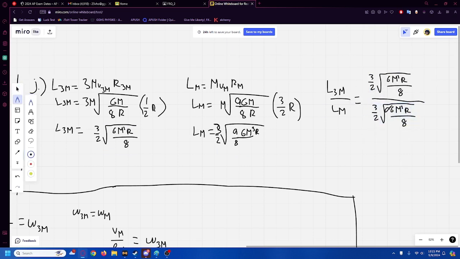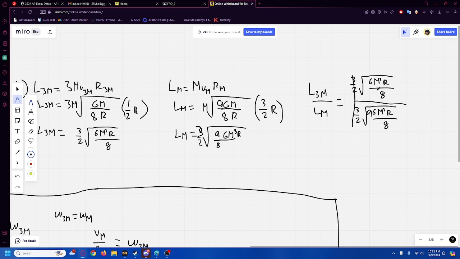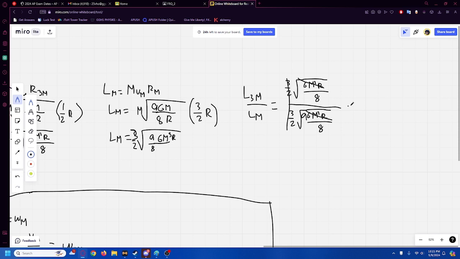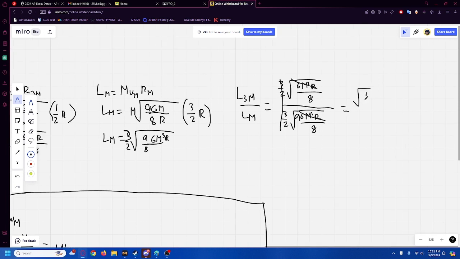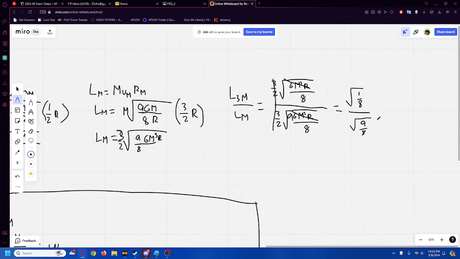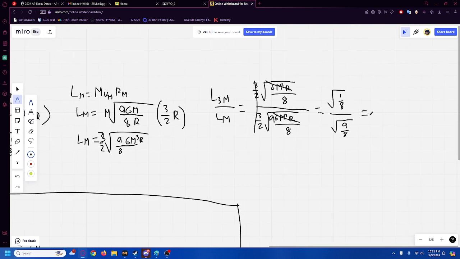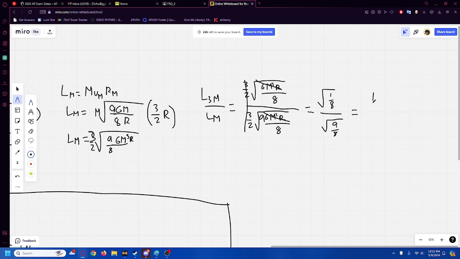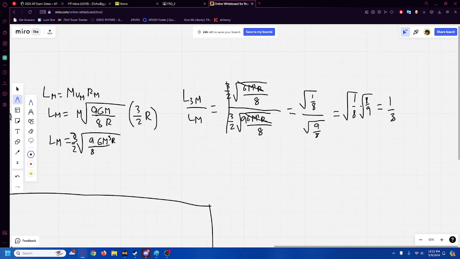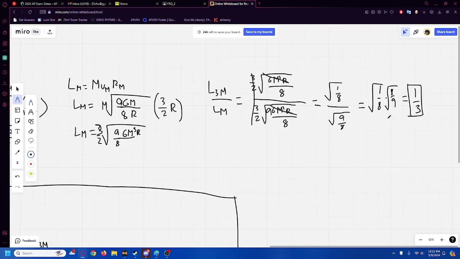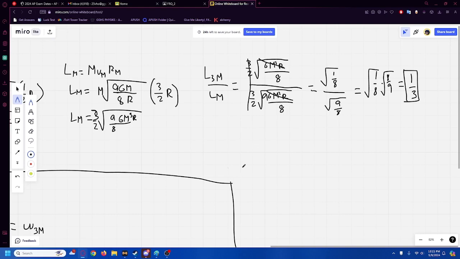The 3 halves cancel out. All the top cancels out besides the 9 over 8 and 1 over 8. So this is the same thing as √(1/8) over √(9/8), and this is equal to 1/8 times 8/9, which is equal to 1/3. So L_3m over L_m is 1/3.